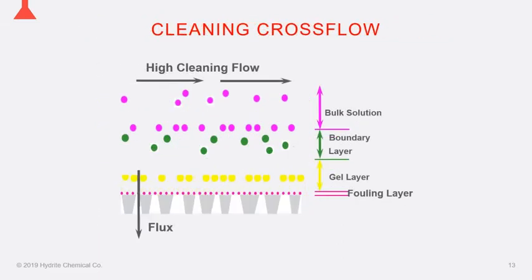Cleaning cross flow. So during CIP, during standard cleaning, we'll use it to return the system back to its clean water flux rates, right? Get that system back to new. And to do that, it requires the hydraulic action in order to get that high flow to remove the products off the surface. So you can add chemistry.